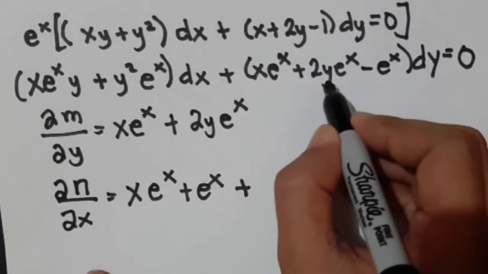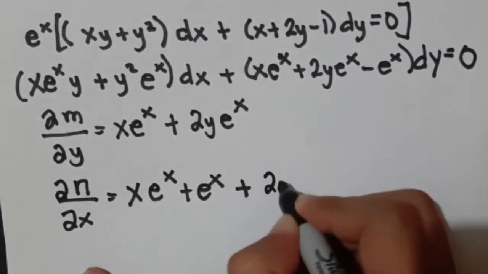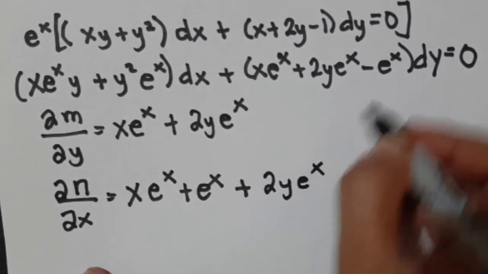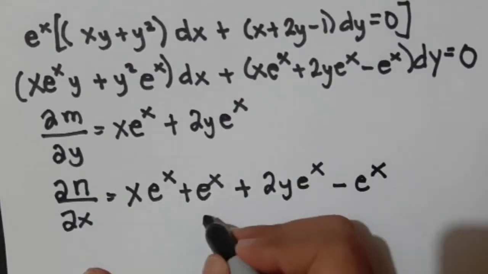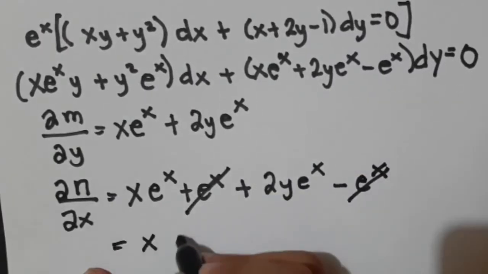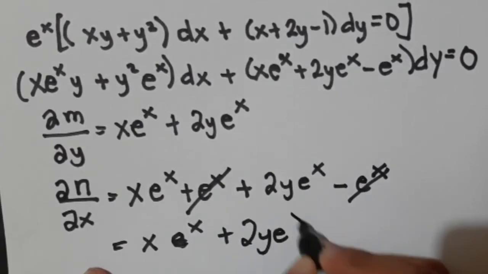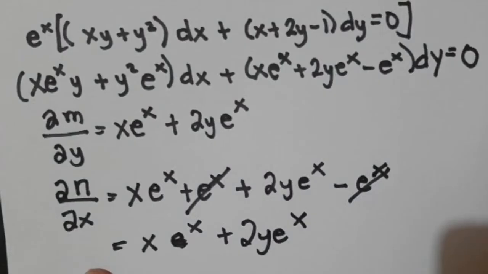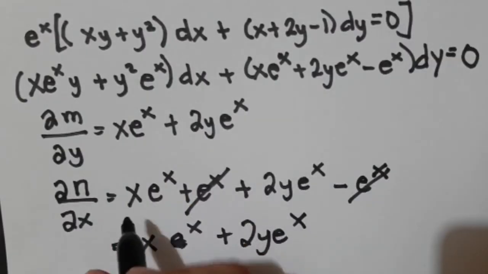This is constant, so we just multiply the constant to its derivative, 2y e^x. Derivative of negative e^x is minus e^x. So e^x minus e^x is cancelled out. Therefore, we have x e^x plus 2y e^x. Therefore, we get the correct integrating factor since these two are equal.